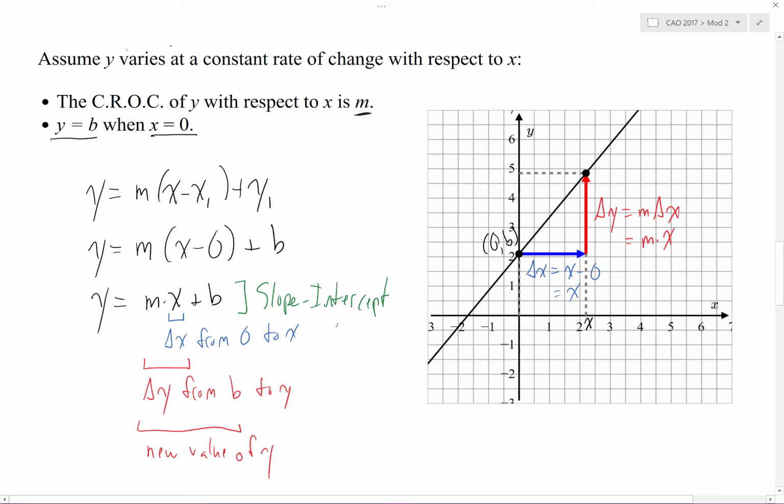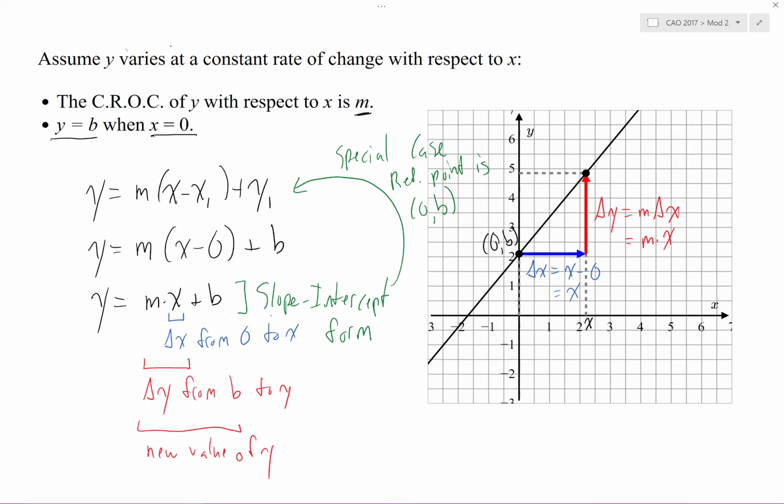And this is really just a special case of the general linear function formula, when our reference point is 0, b, or our vertical intercept. And we call it slope-intercept form because we have the slope, or the constant rate of change, and we know the vertical intercept. So in scenarios when we know a constant rate of change and we know the vertical intercept, we can simplify the general linear function formula to this form: y is equal to m times x plus b.